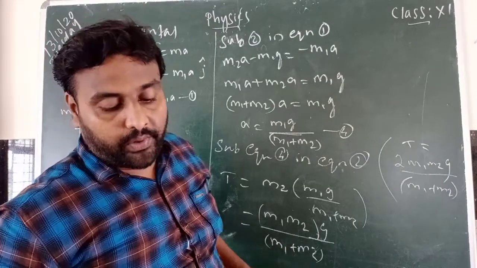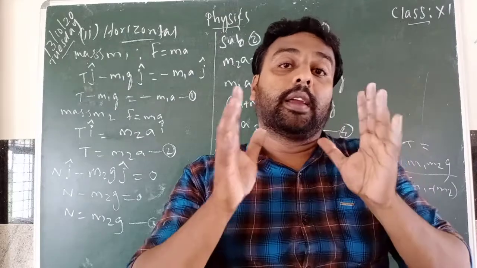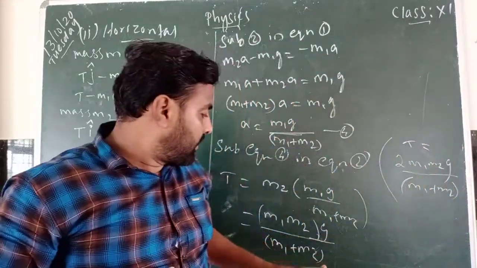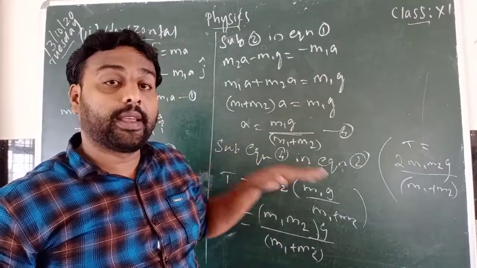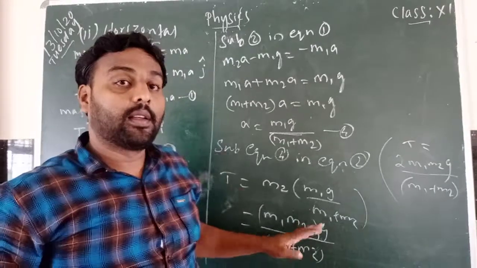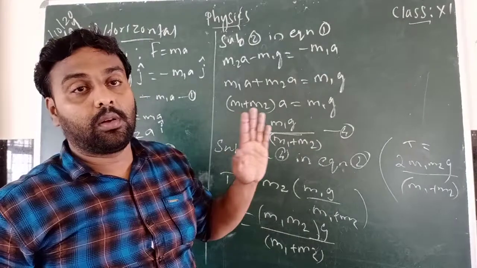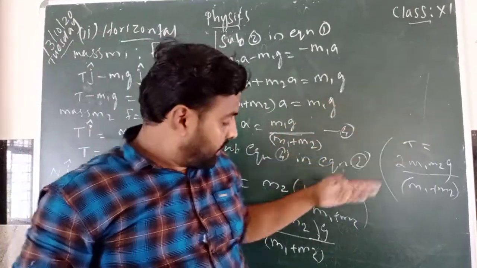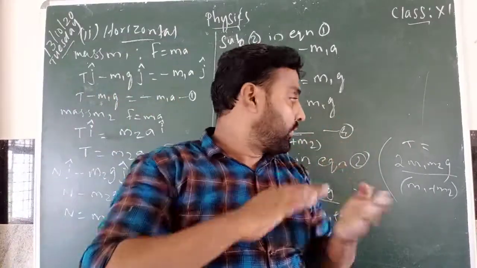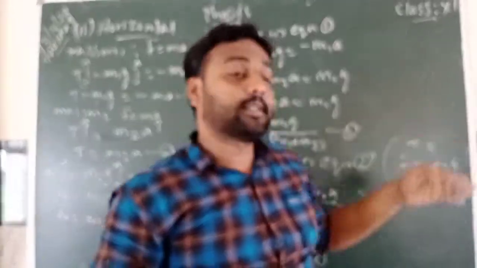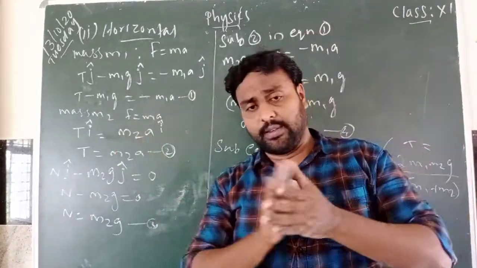Comparing them, it is clear that the tension produced on a horizontal table is half. Here we see 2 times, here only 1 time. So the tension during horizontal motion is half that of vertical motion. This is our derivation.